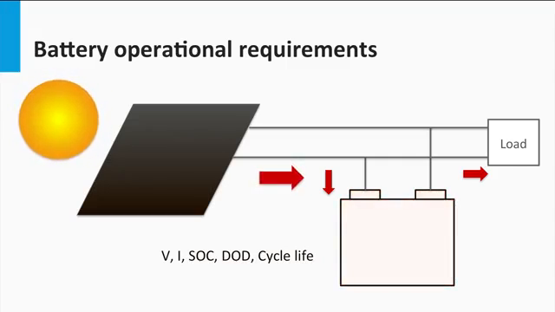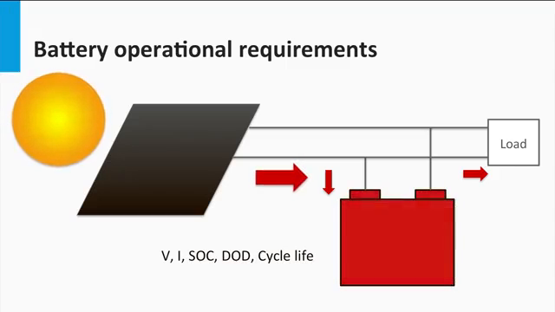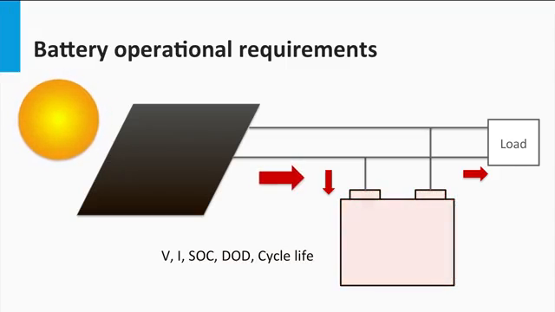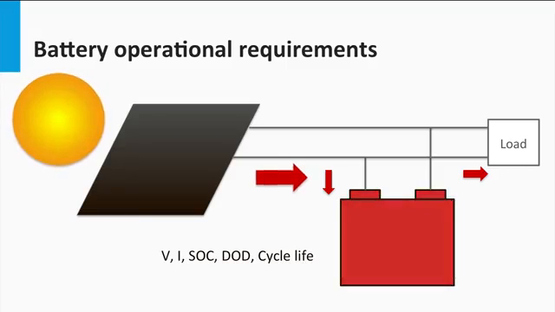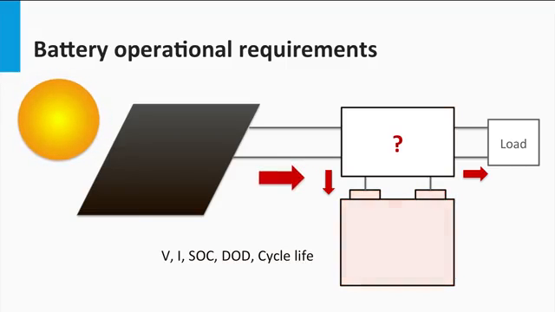Under such circumstances, a direct coupling between a PV array, battery, and load is far from healthy for the battery. This means that we need a device that can interface three-way between the PV system, the battery, and the load, and ensure that the electrical parameters around the battery are maintained within the battery manufacturer's specifications.